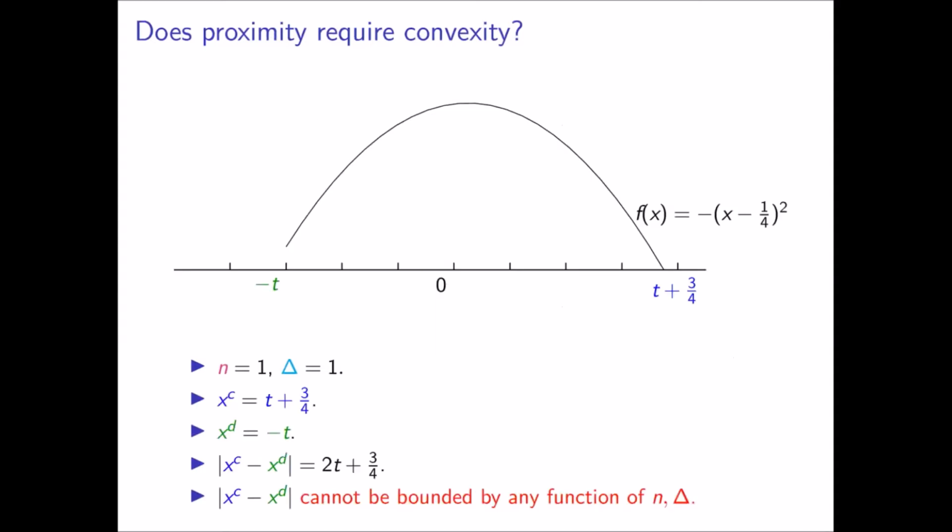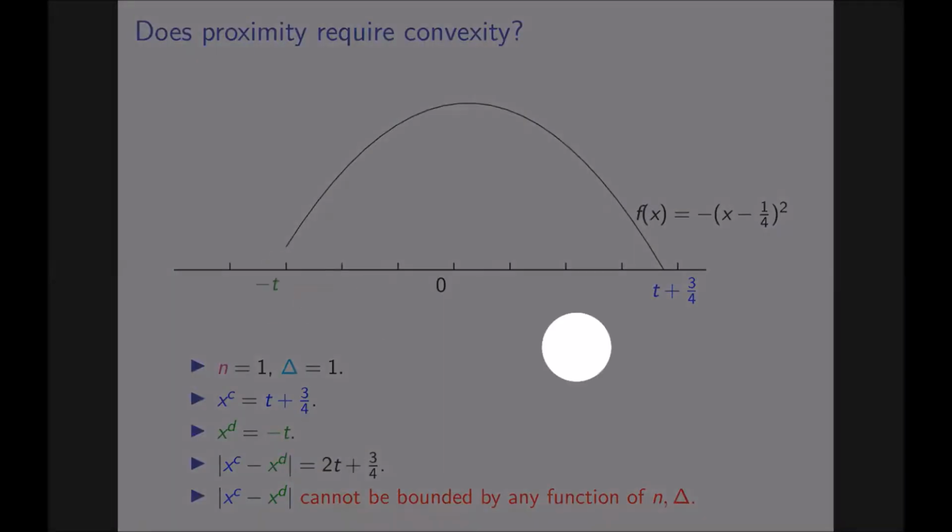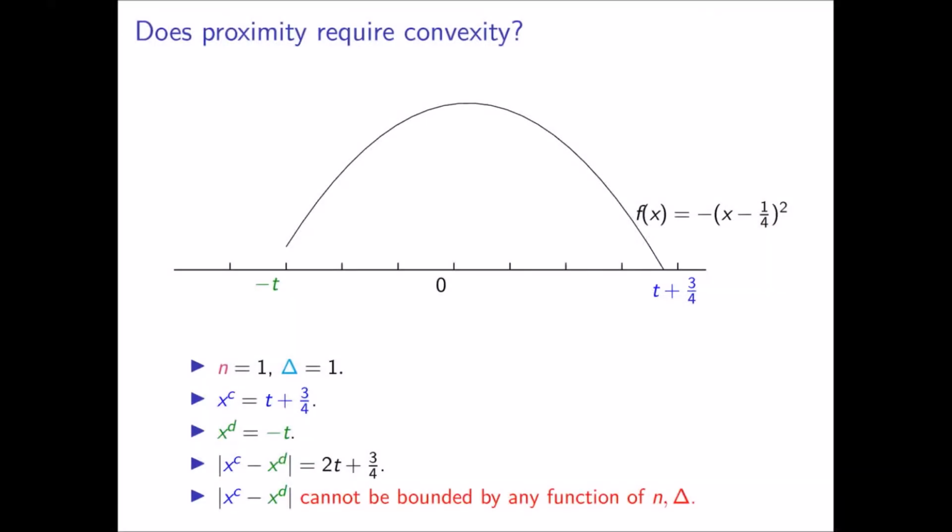Okay, so yes, this was our example, and you can see here the picture of the example, where we see our objective function evaluated between minus t and t plus 3/4, which is the feasible set of the continuous problem.